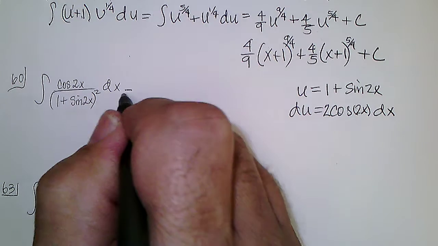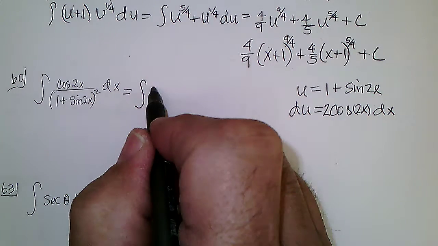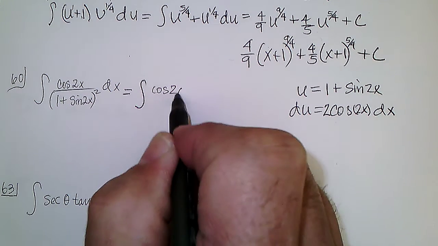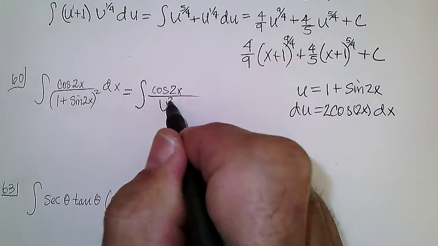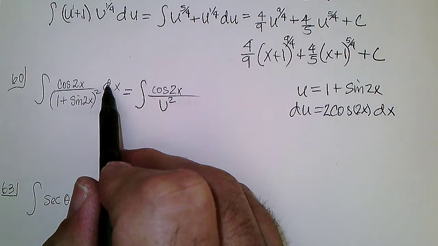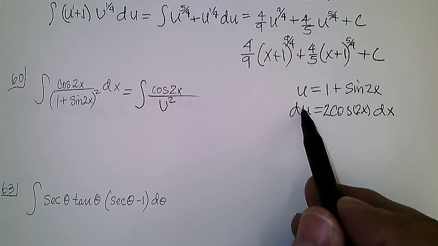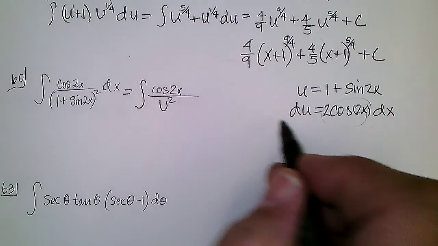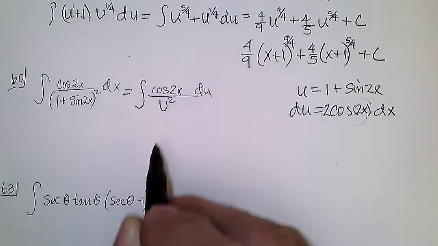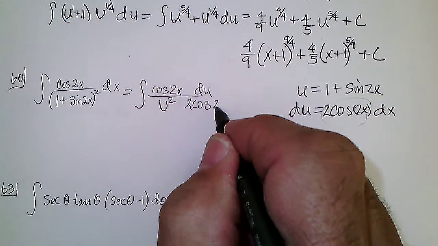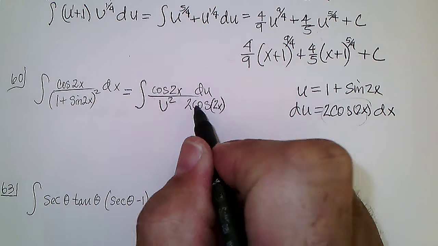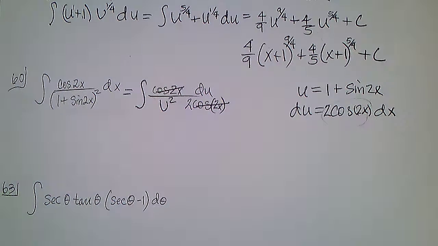So this becomes the integral of cosine 2x over u squared, and dx is du divided by that, which is 2 cosine 2x. Fortunately, the cosine of 2x cancels.